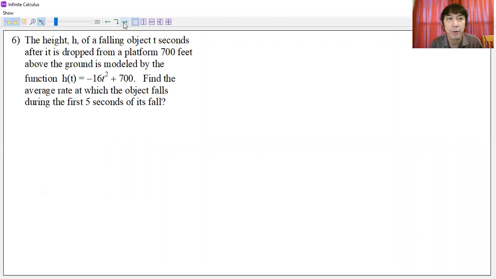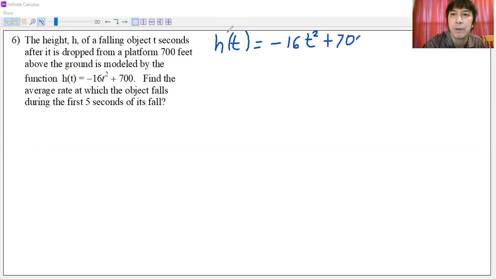So the equation for the motion problem, we have h(t) equals negative 16t squared plus 700. Find the average rate at which the object falls during the first 5 seconds of its fall.